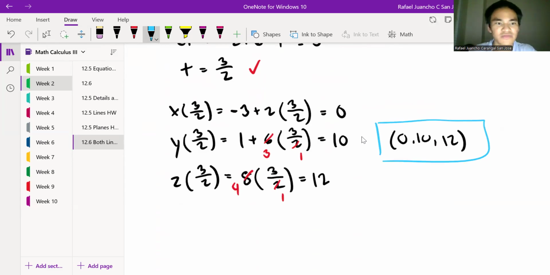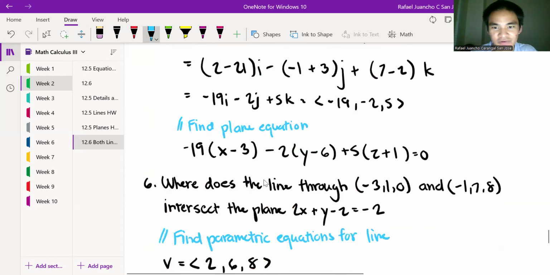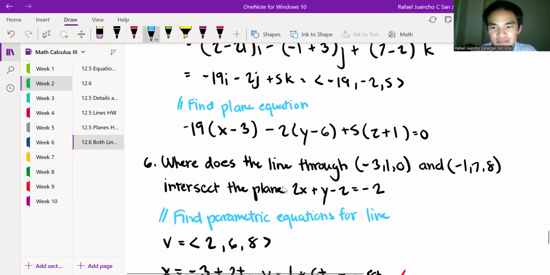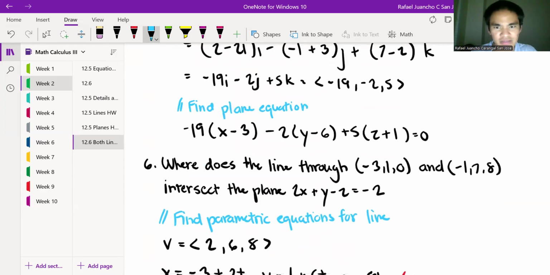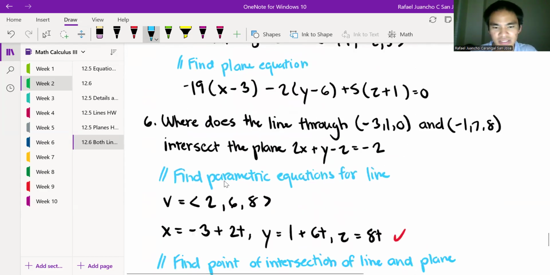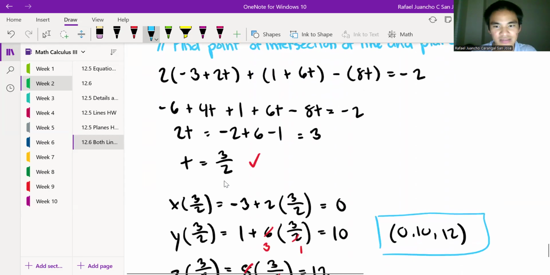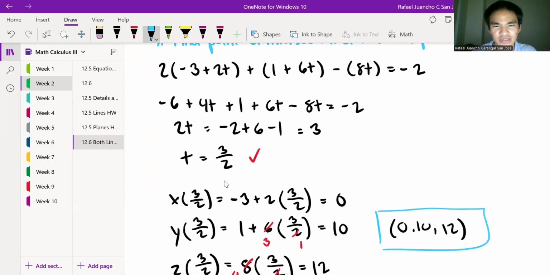0, 10, and 12. Let me check first. Negative 3, 1, 0, negative 1, 7, 8. Does the point intersect this line? Hopefully I didn't make any algebra mistakes.